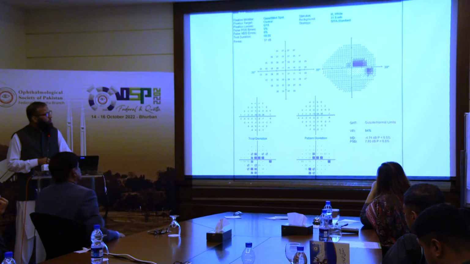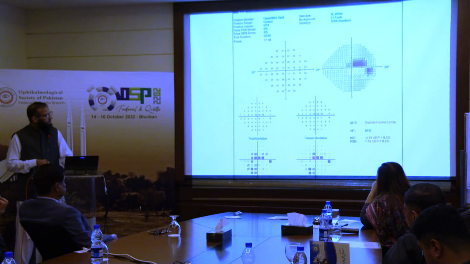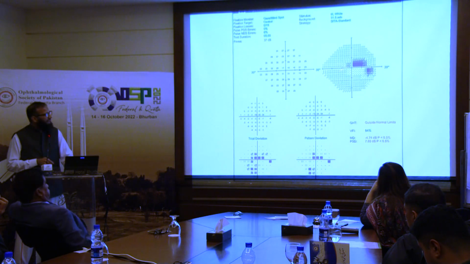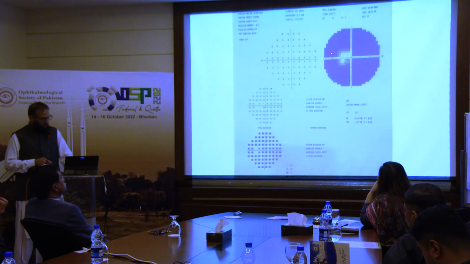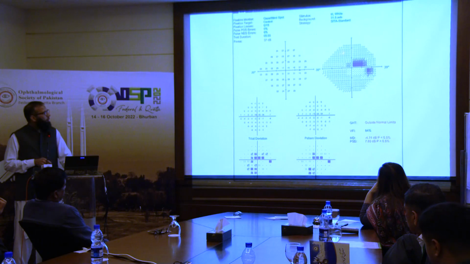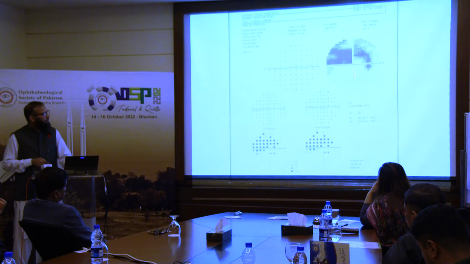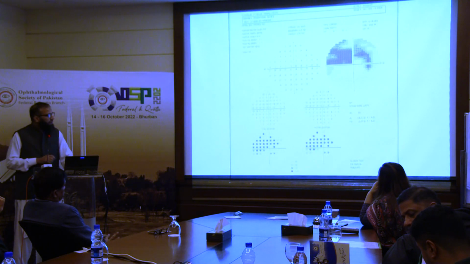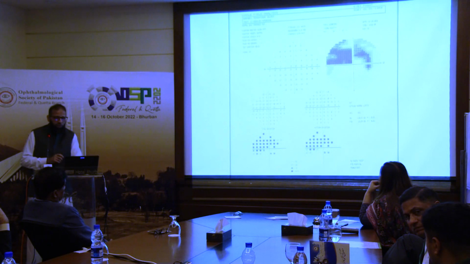Here again we can see something almost similar, but the game is not over. If we see such a patient in which all these plots are similar in shape, then the diagnosis is still not confirmed.